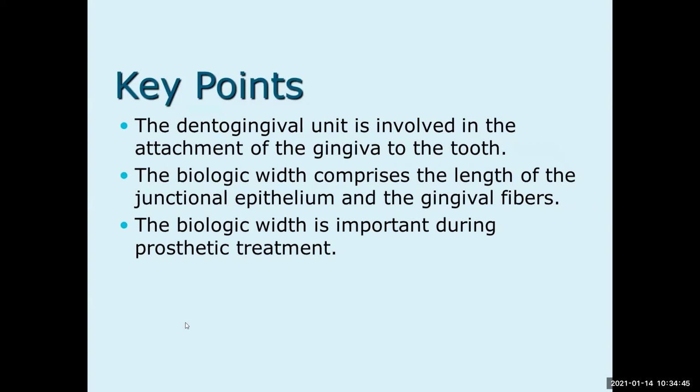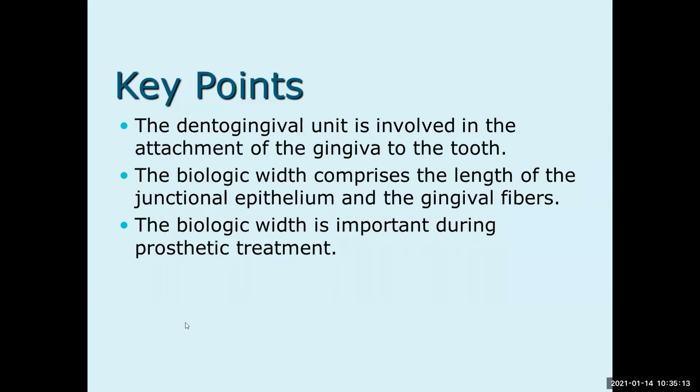The dentogingival unit is involved in the attachment of the gingiva to the tooth. We've got our biological width, 1.5 to 2 millimeters. Of the biological width, how many millimeters does the dentist take into consideration for prosthetic treatment? They use 3 millimeters on a radiograph.